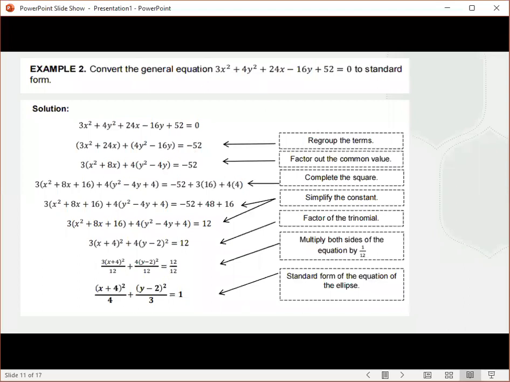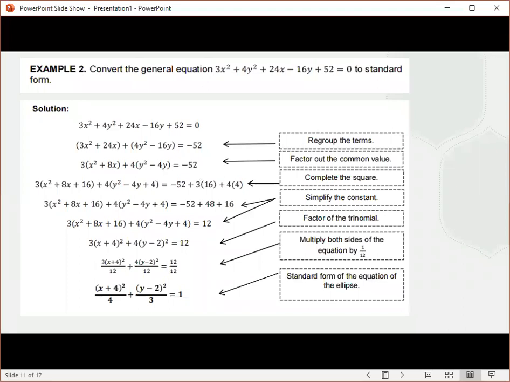So we isolate the constant. Next, we make sure that the numerical coefficient of x squared and of y squared is equal to 1, so we need to factor out 3 and 4. Factoring, you'll have 3 quantity x squared plus 8x plus 4 quantity y squared minus 4y. This is equal to negative 52.